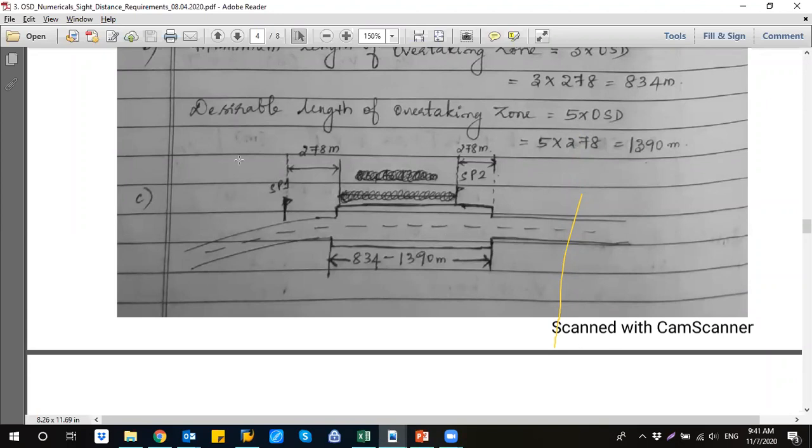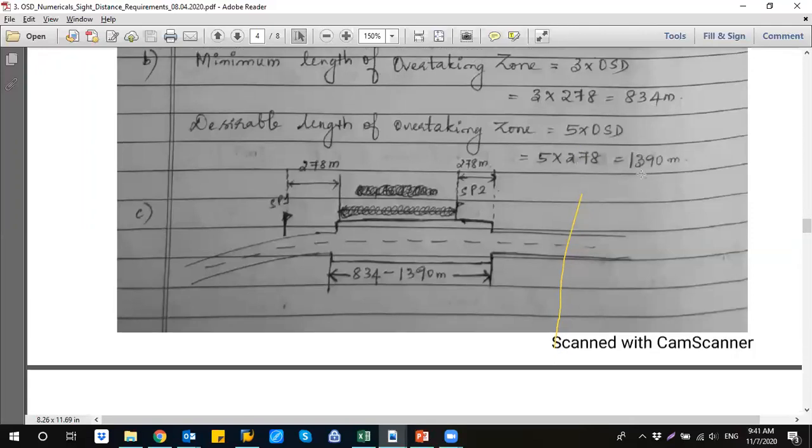And this is the signpost. From the signpost to the start of the overtaking zone, it will be the actual overtaking distance. And from there, you can see this is 834 to 1390 meters, that is the minimum to the maximum desirable length of the overtaking zone. This is how you should represent it by a diagram. Clear?